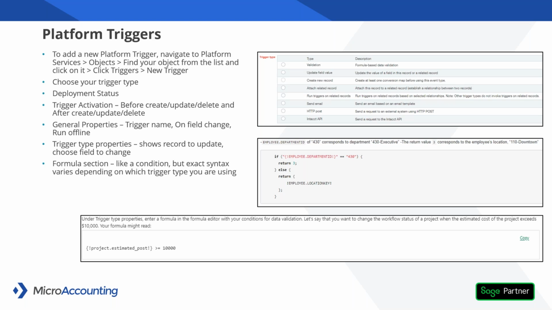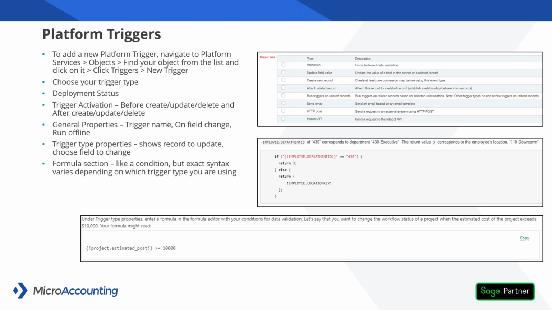Then trigger activation. This is basically determining when the trigger will activate. The options for that are before create, update, or delete, and then after create, update, or delete. Depending on which trigger type you use, that determines which trigger activation methods are available.